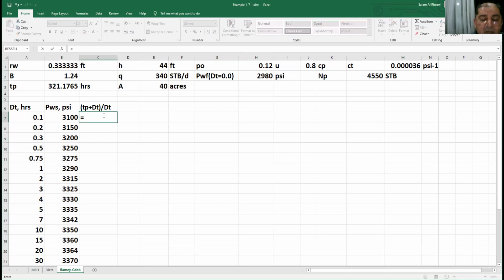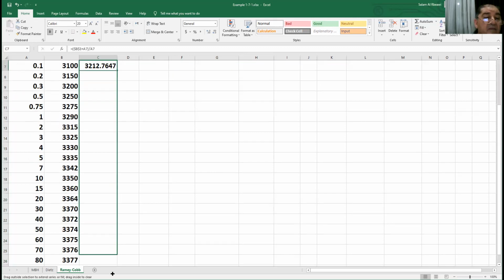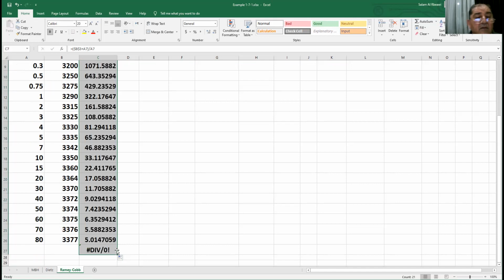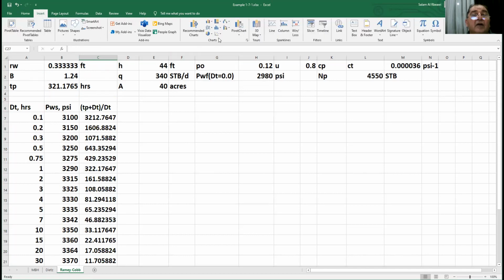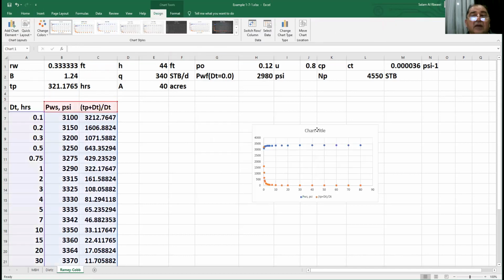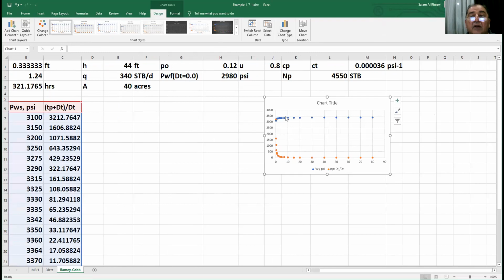This is TP constant plus DT, divided by DT. And now we are going to plot this one. This is very typical, guys. So this is the Horner plot.